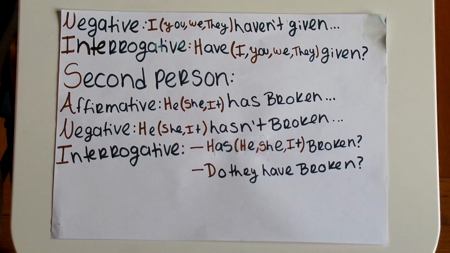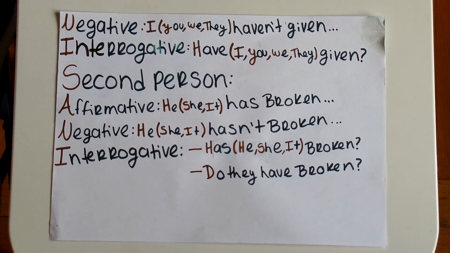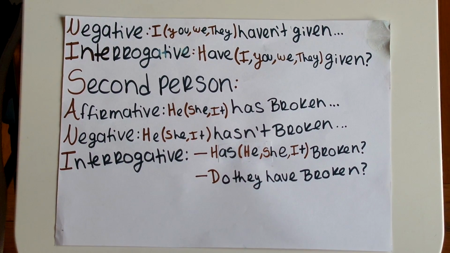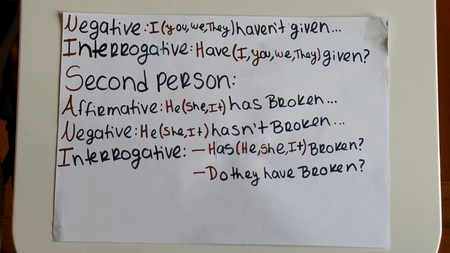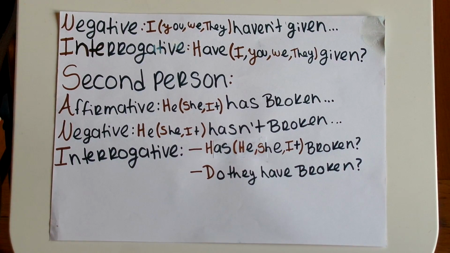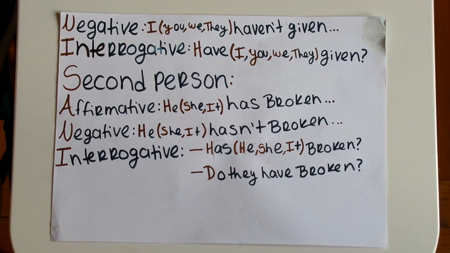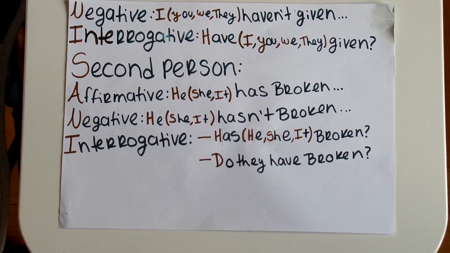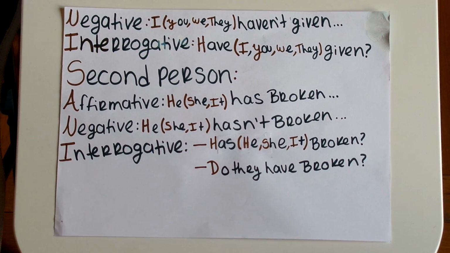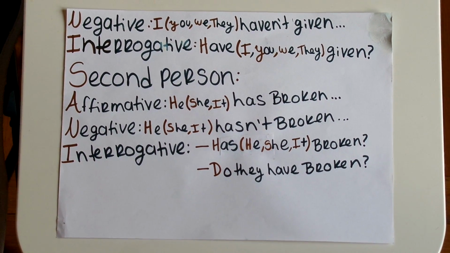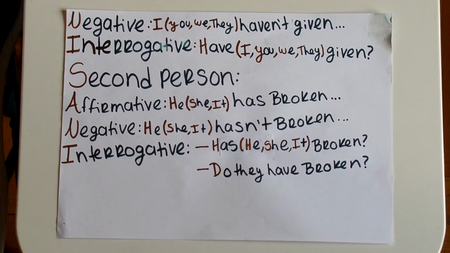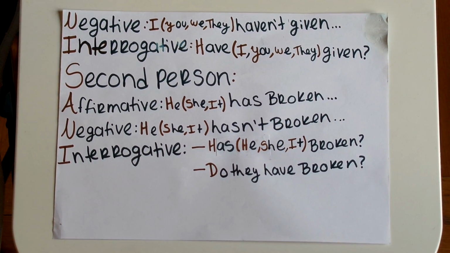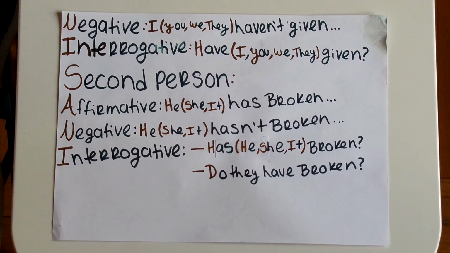In the second person and third person, the affirmative one will be he, she, it has broken a leg, for example. Here the subject is he, she, it, and the verb is broken.